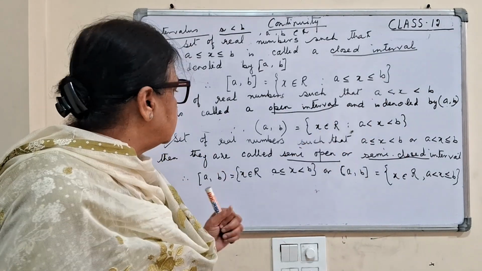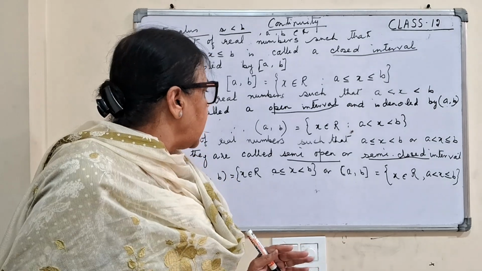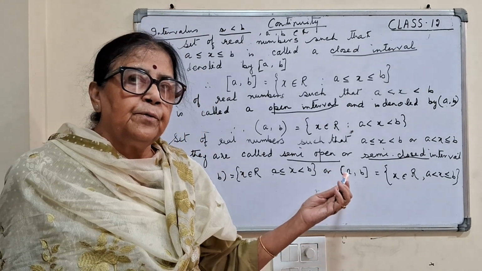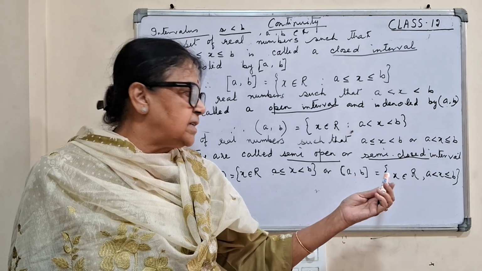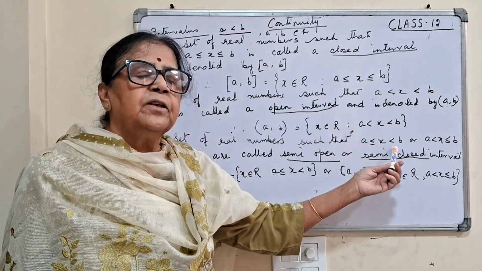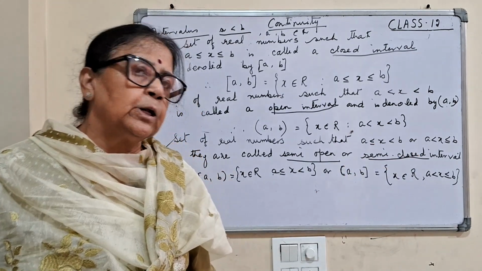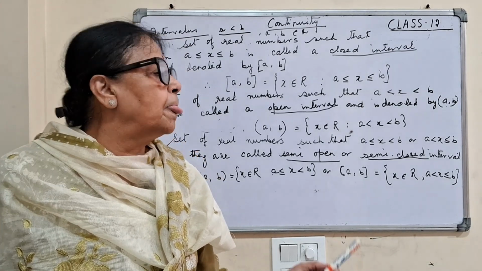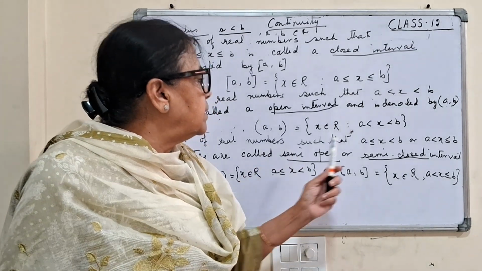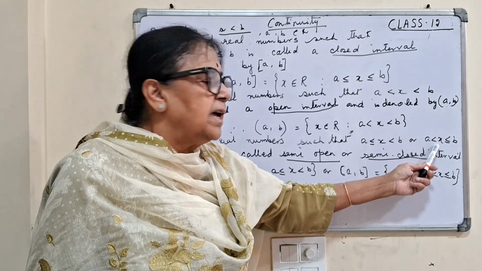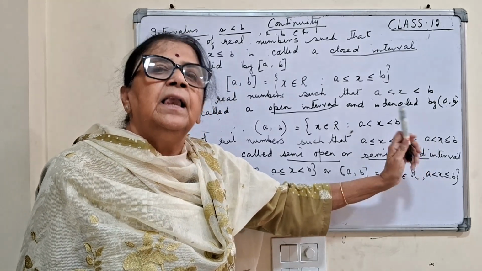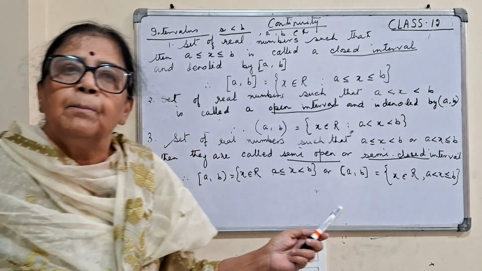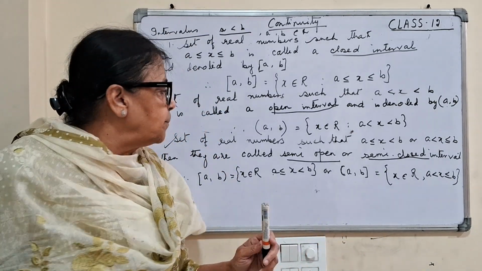Then the set of real numbers such that a ≤ x < b means a is included here, so x can take the value of a. And a < x ≤ b means x can take the value of b, but x cannot take the value of a.